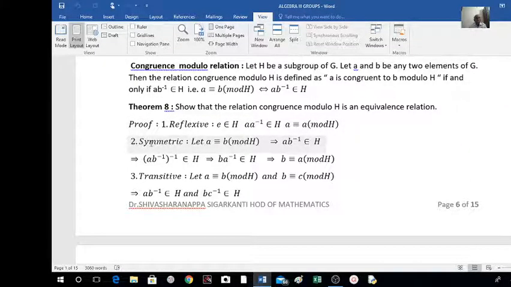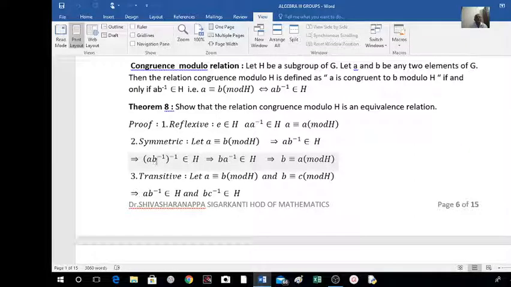Coming to the second one, symmetric relation. I have to show that if A is related to B, then B is related to A. That is, if A congruent to B mod H, we have to prove that B congruent to A mod H. Let me consider A congruent to B mod H. Then by the definition, AB inverse belongs to H. Now since H is a subgroup, the inverse of this also belongs to H. So (AB inverse) whole inverse also belongs to H. How can we write this?